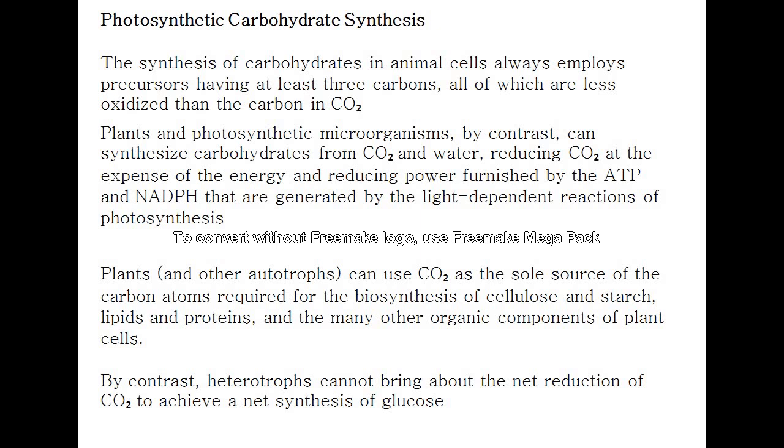So plants will use this carbon dioxide as the sole source of carbon atoms for the synthesis of cellulose, starch and other organic compounds.